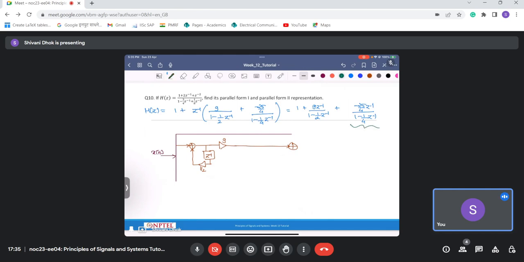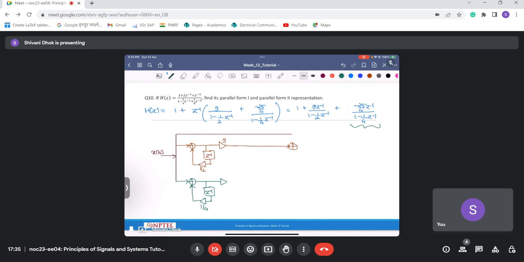Then now let us construct this one. So I have this x[n], this is z^-1, and this gets scaled by a factor of 1/4.